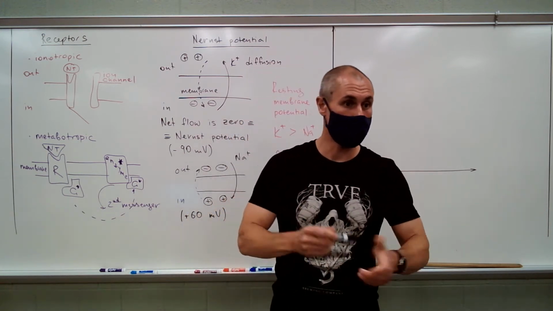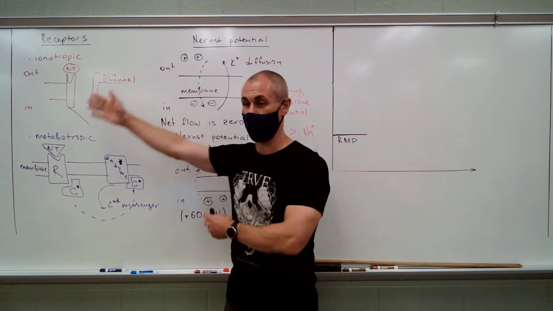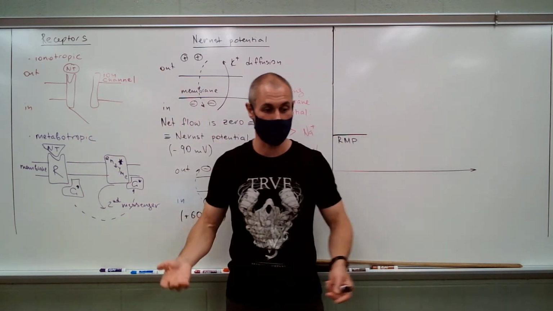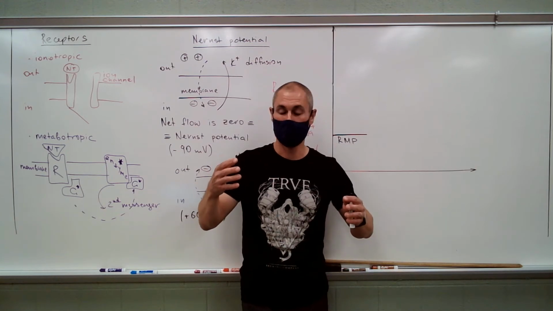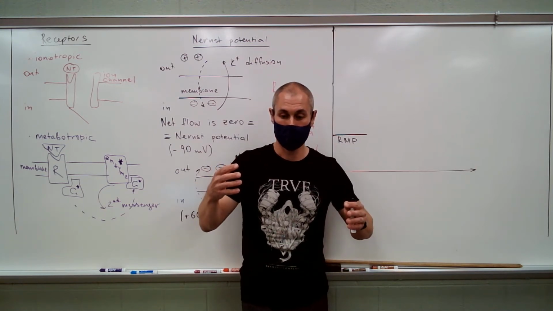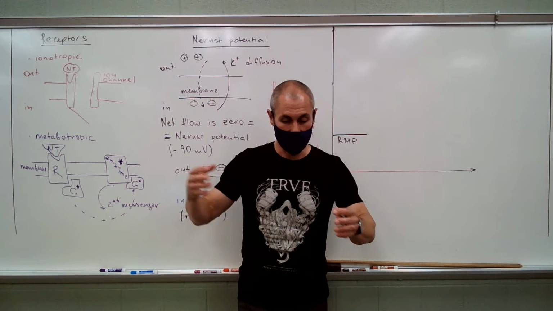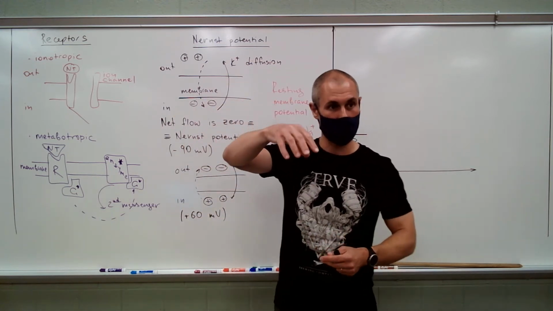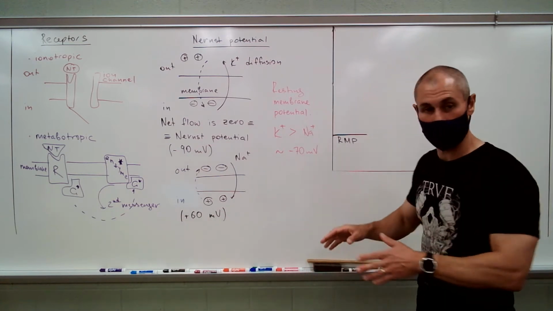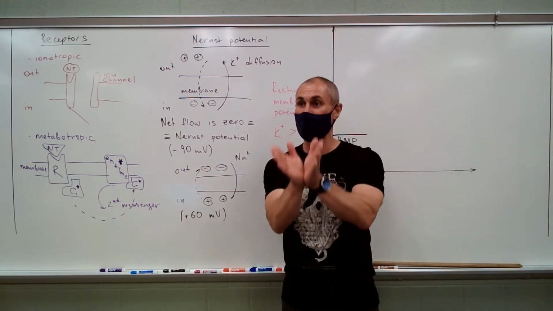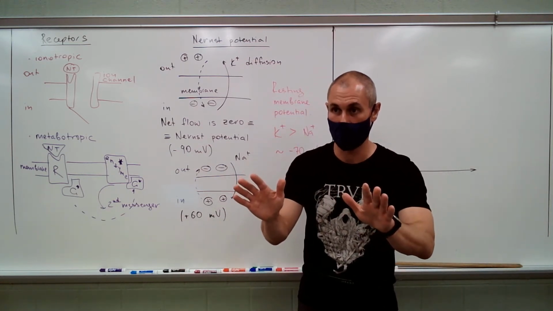I have to address this, because I don't have enough space and the camera doesn't allow for that. But in that picture, we had neurotransmitter binding to the receptor, remember? So here's neurotransmitter binding to the receptor, and it opens the ion channels. Are you with me?